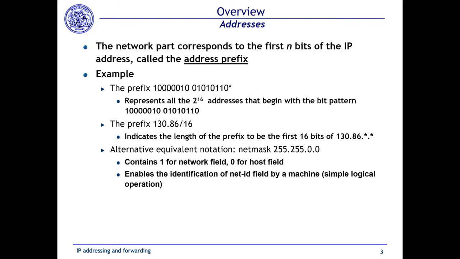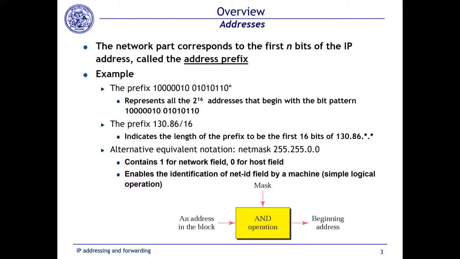You have the ones in correspondence to the bits that are dedicated in the associated address to the network prefix, and the zeros are in the positions that are dedicated to the host identifier. So the network mask is an alternative notation, but it is also important because it can be used by machines to separate the network part from the host part when you have a certain IP address as an input.